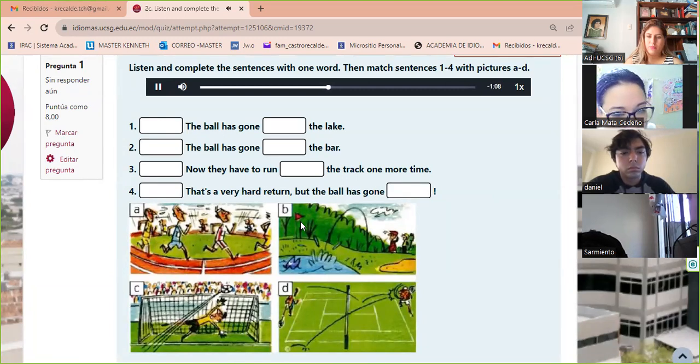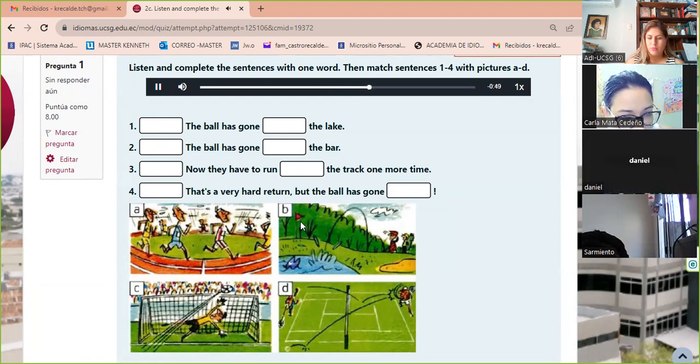3. And there's the bell for the last lap. Now they have to run round the track one more time in this 10,000 metres final. And the African runners are in first, second and third positions. But the Brazilian is coming up fast in the outside lane. This is going to be a fantastic finish. 4.